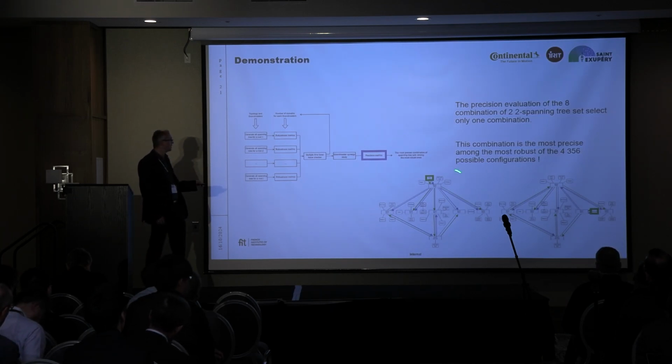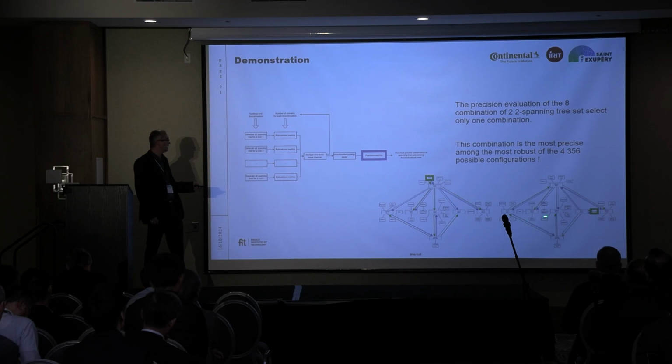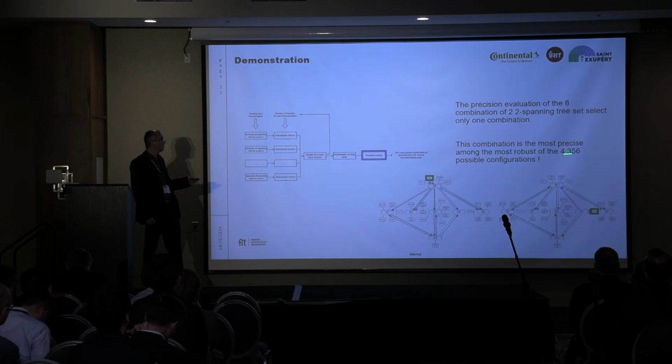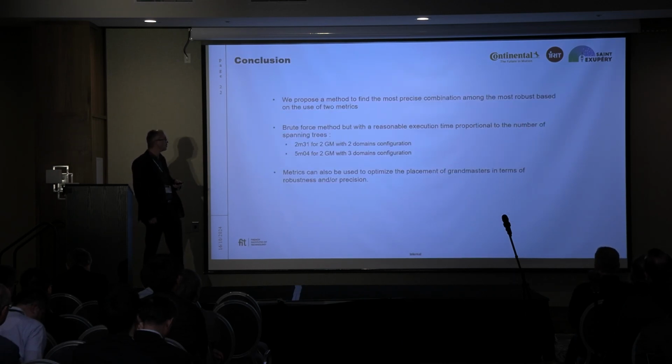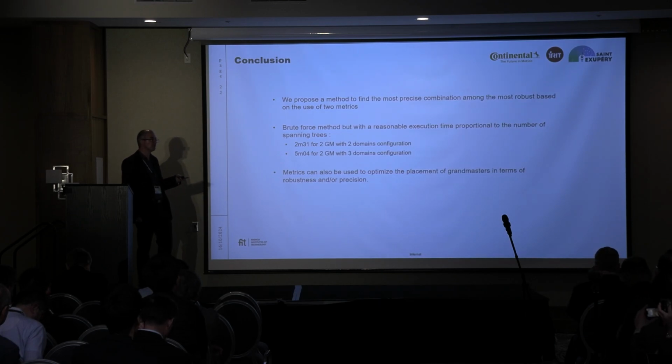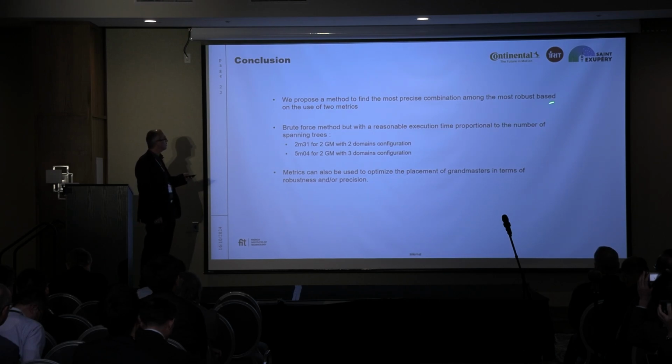So what you can see down here is that combination of the most precise spanning trees among all 4,356 possible configurations. It's sort of a brute force approach, but with that you can really get your most precise tree, your most robust tree. So this is the method for getting those.